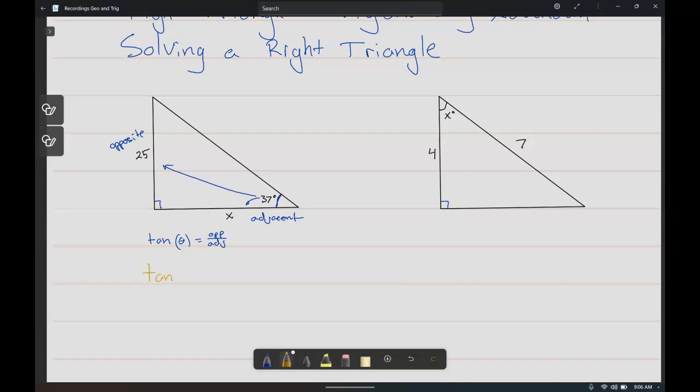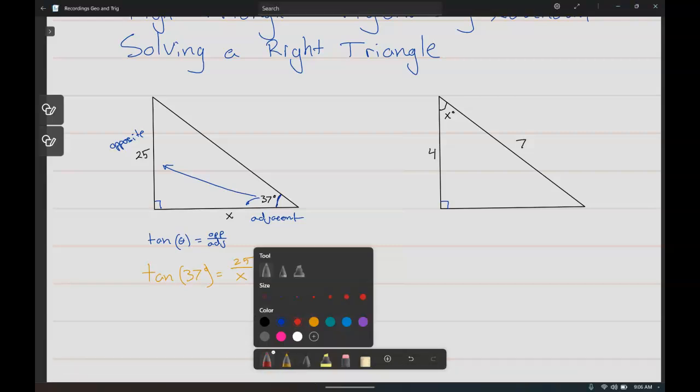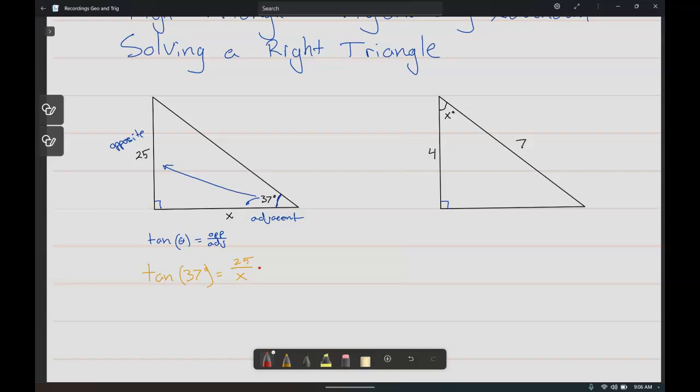Well, theta is the angle 37 degrees, and our opposite side is length 25, and our adjacent side is length x. So now we have an algebraic equation, and all we have to do is isolate x in order to solve for it. We can multiply both sides of our equation by the denominator x so that we get x out of the denominator and one step closer to having it isolated.